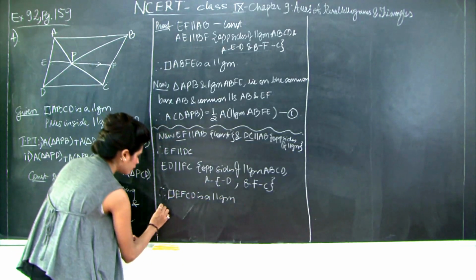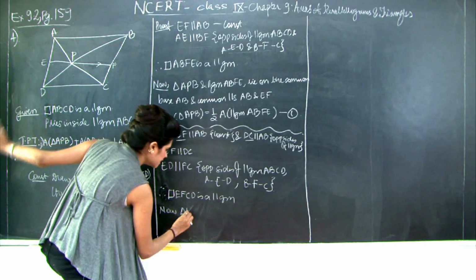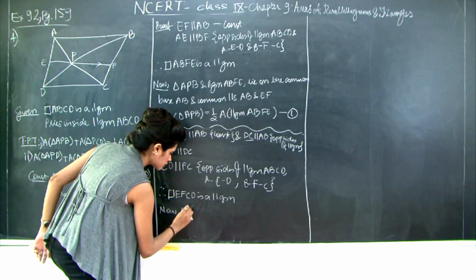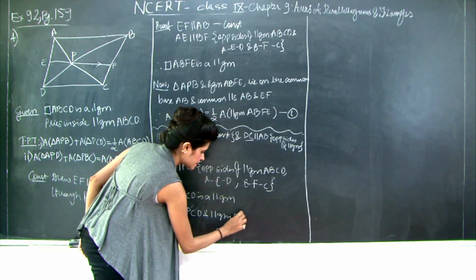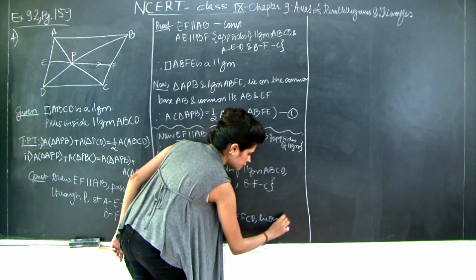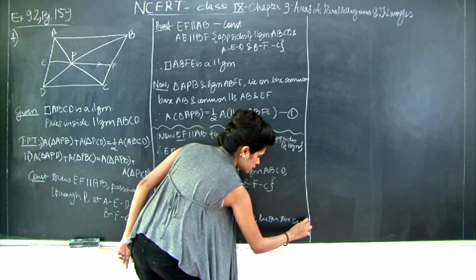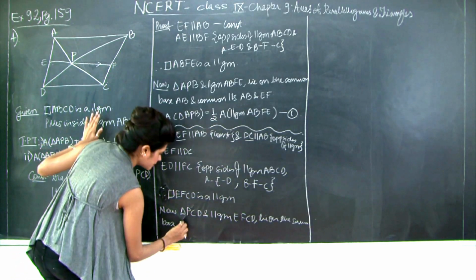Right? So, now triangle PCD and parallelogram EFCD lie on the same base. So, which is your same base out here? It is DC.